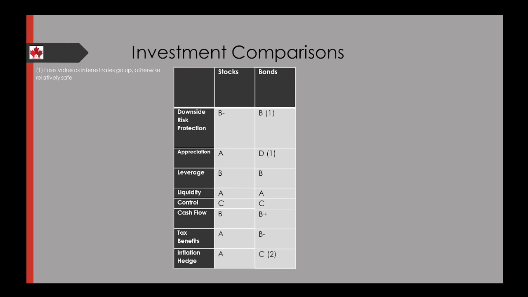Tax benefits, I would give it a B minus. Bonds pay interest, and in a non-registered account, bonds will get taxed heavily. They will be taxed in the other income column for the interest.